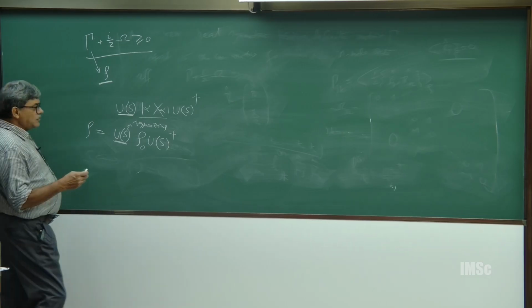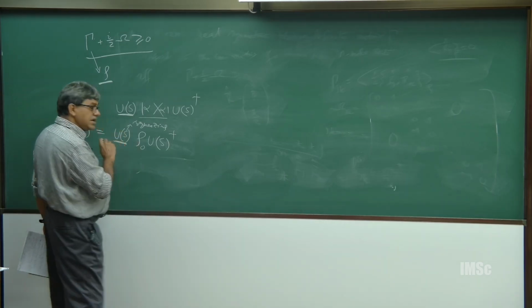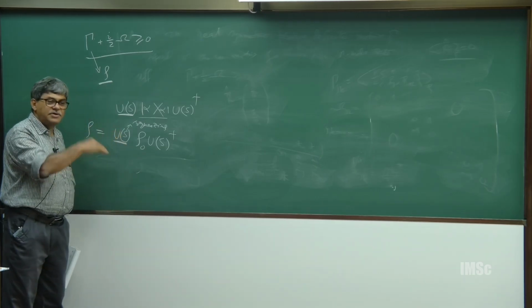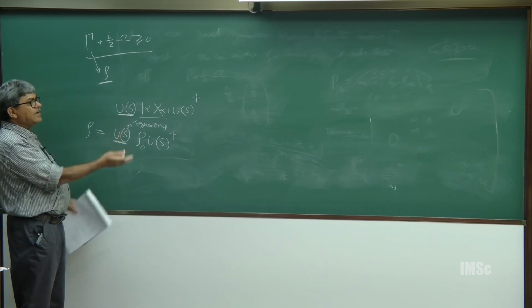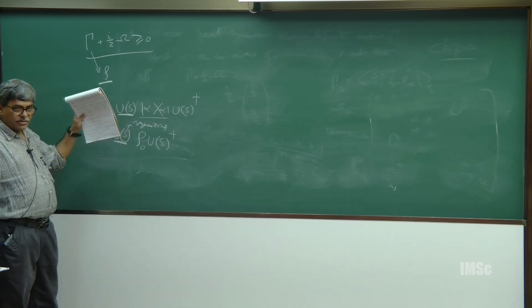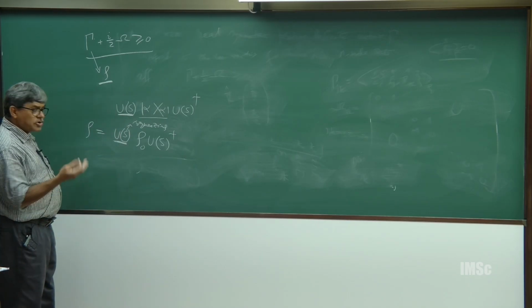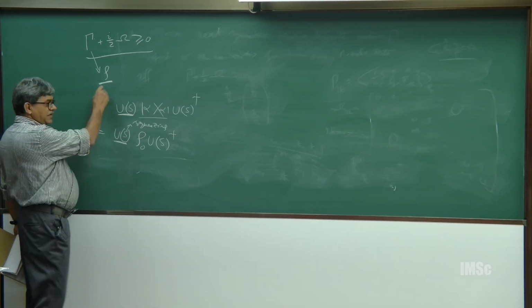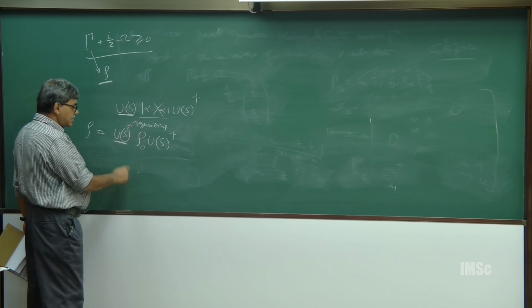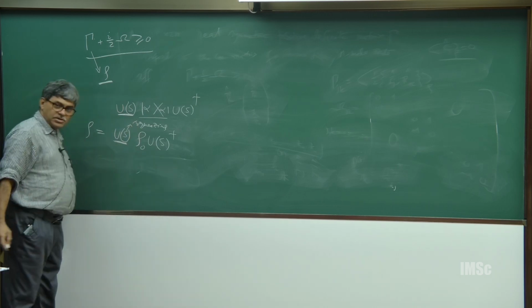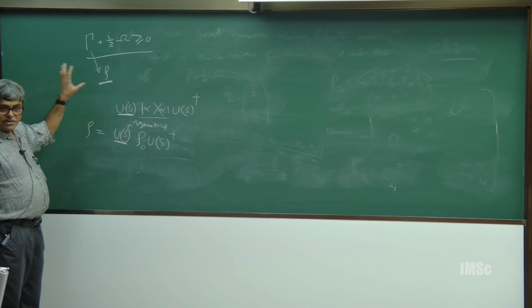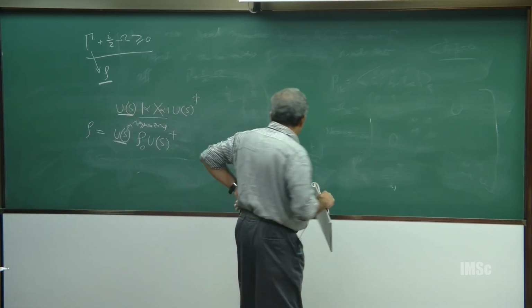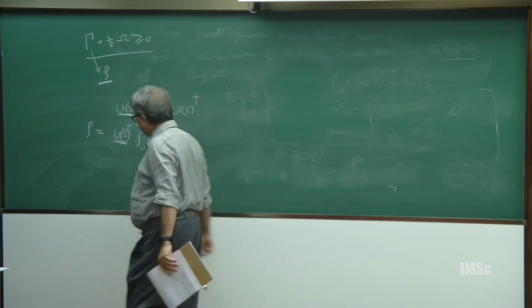Because we said that the canonical transformation is generated by a quadratic Hamiltonian, and a quadratic Hamiltonian, as I said, should be some sort of squeezing, right. So, what sort of density matrices can be generated by such squeezing transformations? That is the idea.